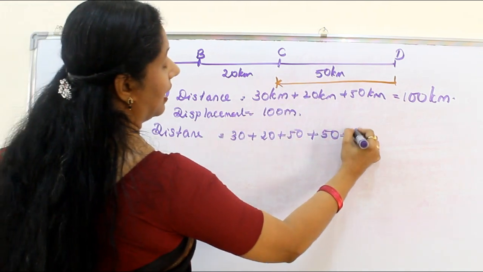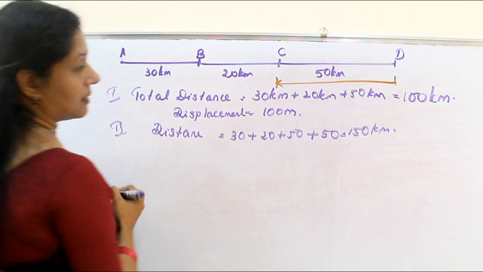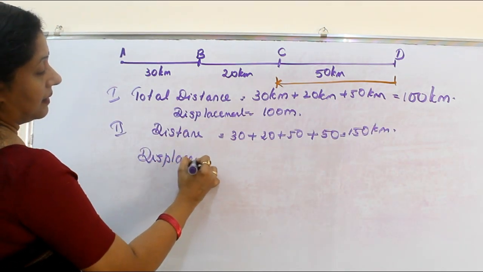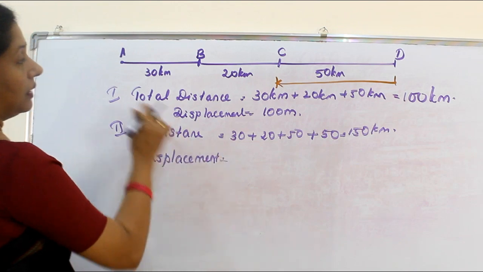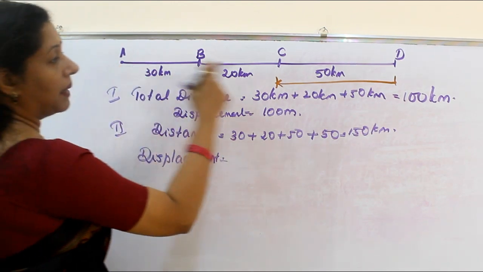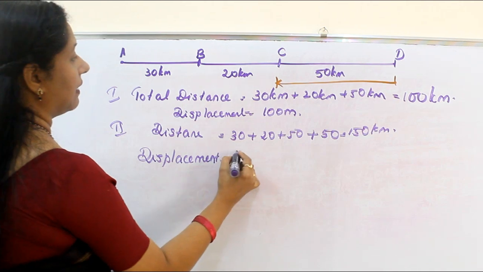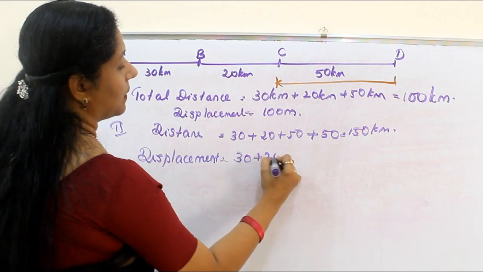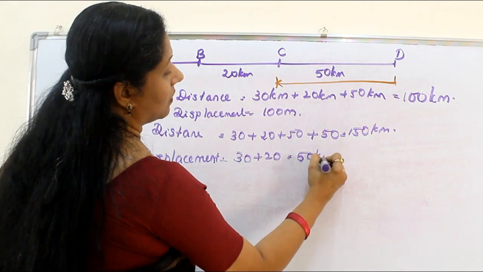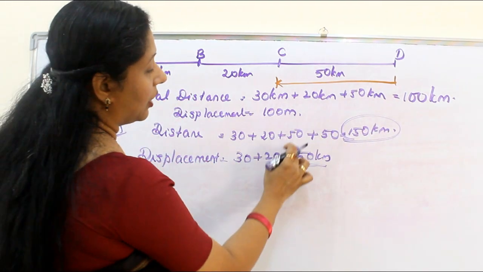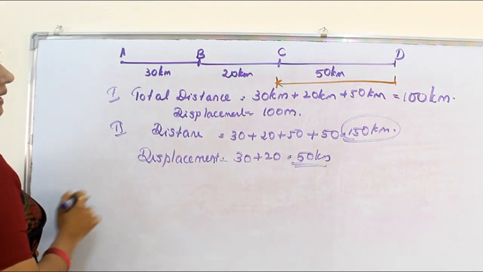So it became 150 kilometers. But what is your displacement in this case? Here the initial point was A, but your final point is now C. So the distance between initial and final point is 30 plus 20, 50 kilometers only. So though you traveled 150 kilometers total, your displacement is only 50 kilometers.